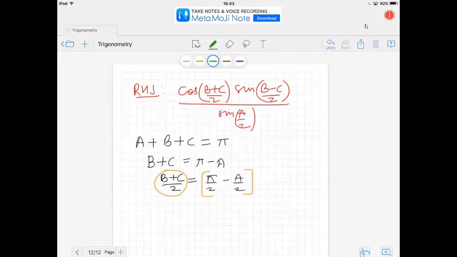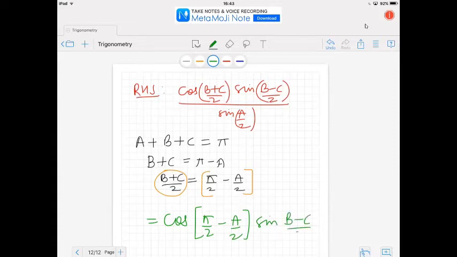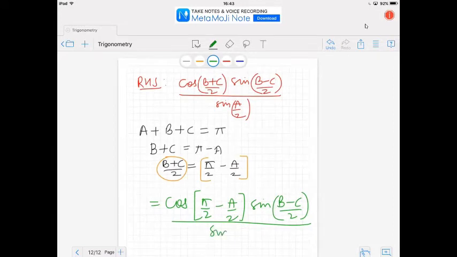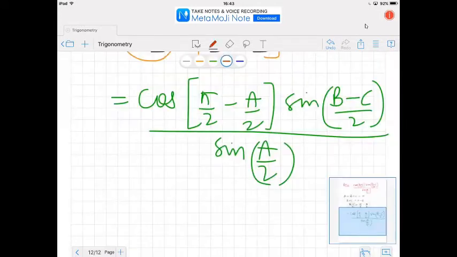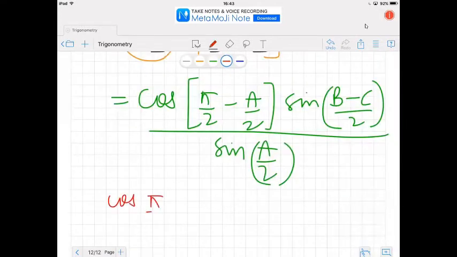This will become cos of pi by 2 minus A by 2, multiplied by sine of B minus C by 2 divided by sine A by 2.